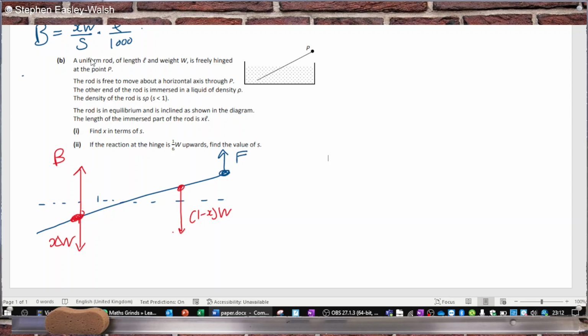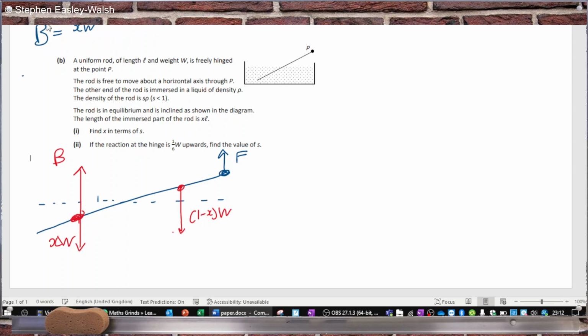Yeah, actually, let me make this a bit clearer.